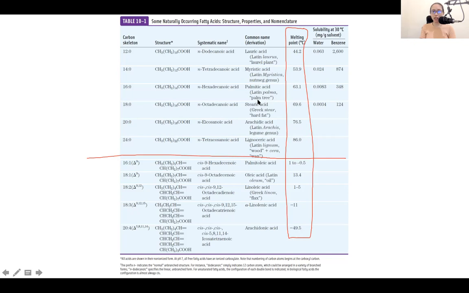Saturated or unsaturated? Ma'am, saturated po. Okay, saturated. So anything fatty that is solid at room temperature is most likely saturated fatty acids. Because the melting points of our unsaturated fatty acids are negative, it means that at room temperature they are liquid, like your cooking oils.